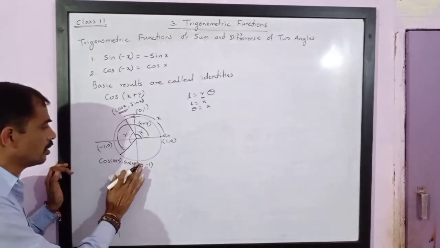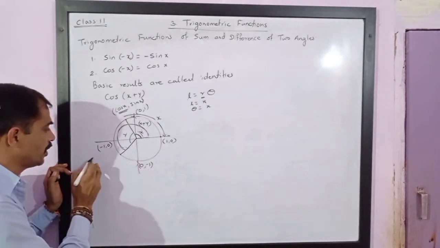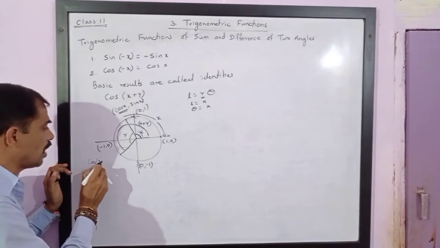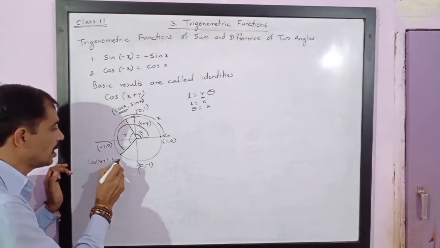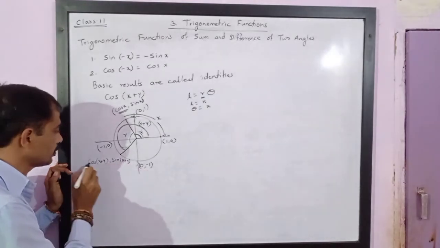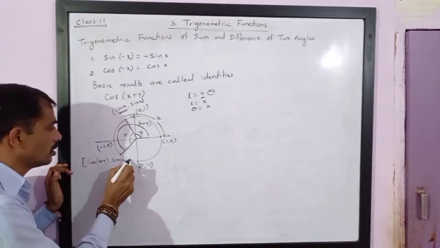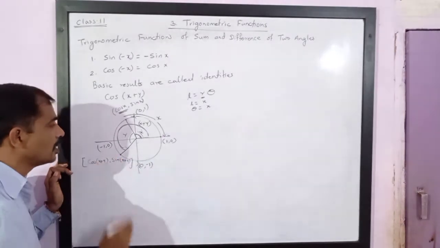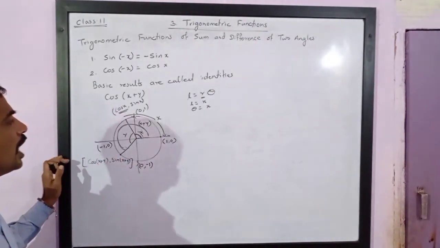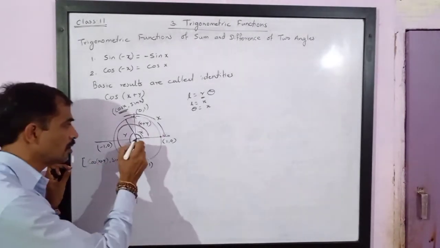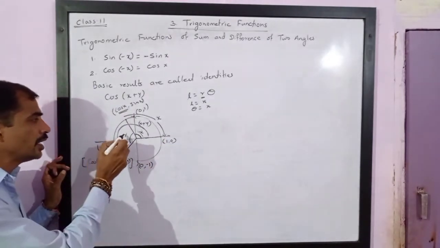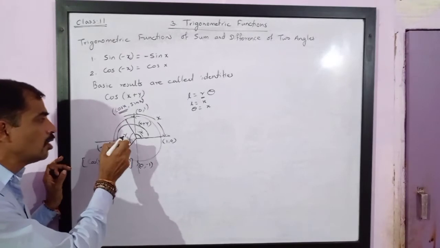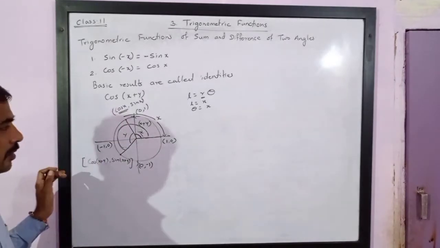I hope everybody is understanding this. Cos of x plus y is the x coordinate and the y coordinate is sin of x plus y. That is this point. Now we are going to take the angle of negative y.